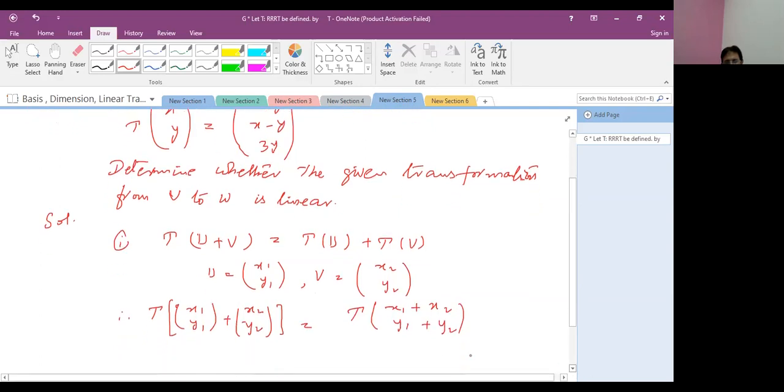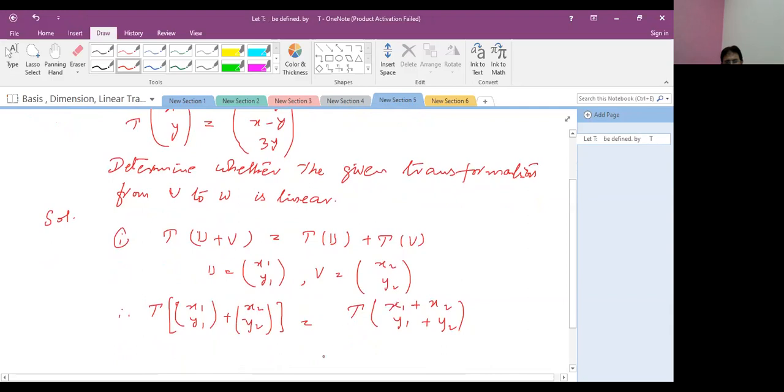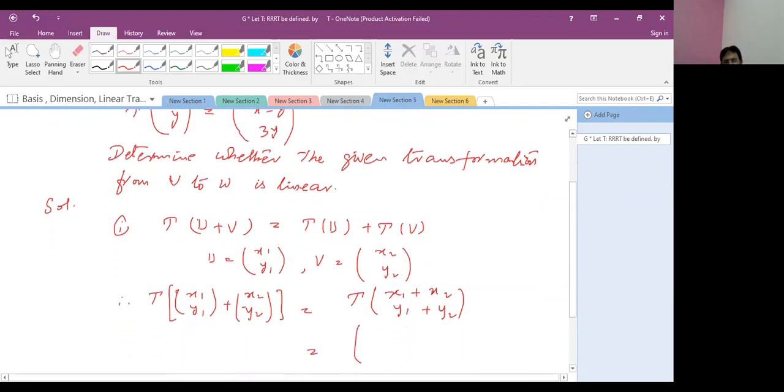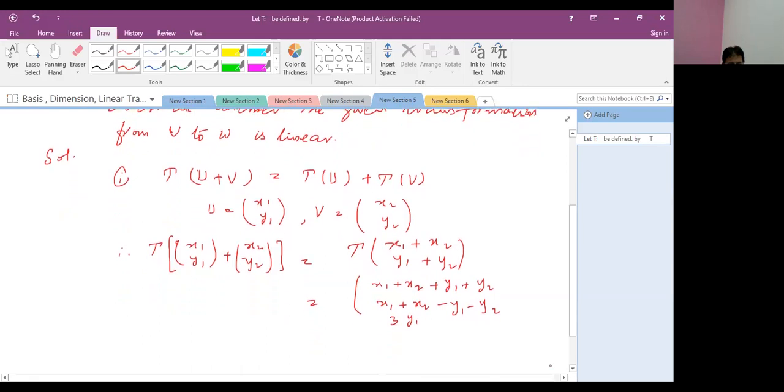Then when we apply this condition, x plus y means we add both of them: x1 plus x2 plus y1 plus y2, both x and y. According to the linear transformation, x1 plus x2 minus y1 minus y2, and 3 times y1 plus 3 times y2.